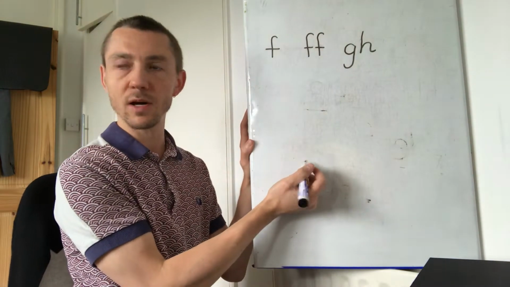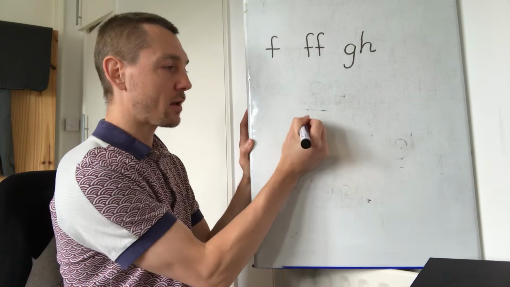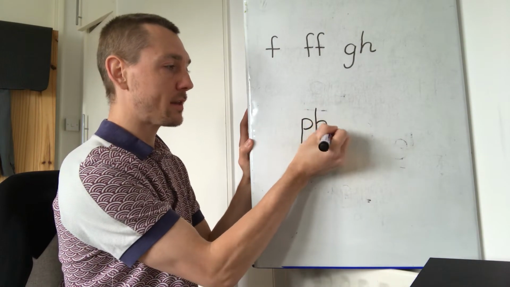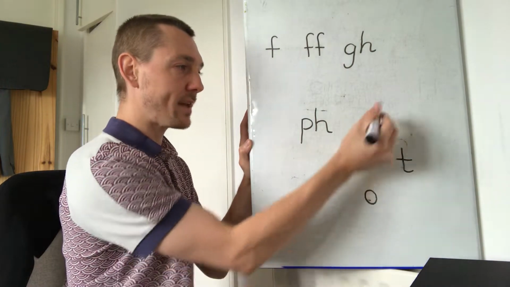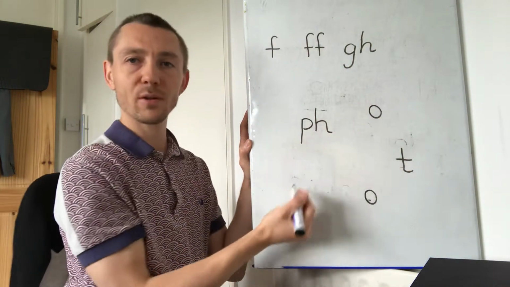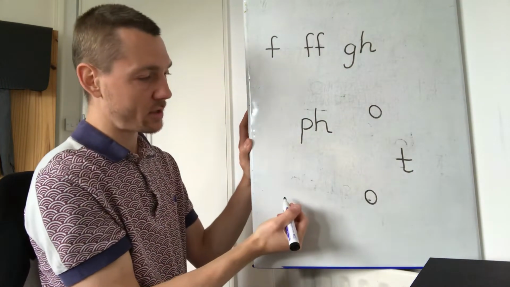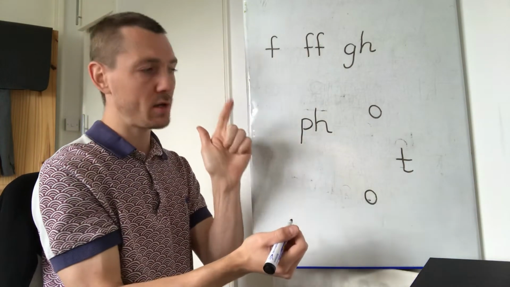Okay, what about this word? This is a two-syllable word, and these are the sounds that you need to build the word photo. Two syllables, photo.